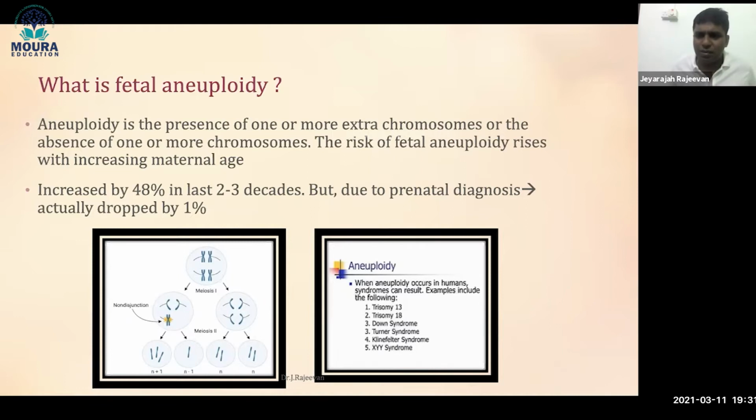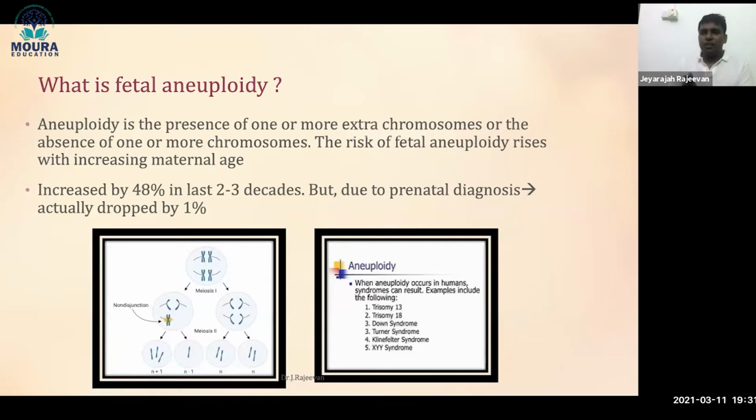Can you assess until the baby is delivered? No, we can't. So after the delivery only we get to know, yes, this baby has some kind of abnormality. What am I going to do? So we have to wait until the baby is delivered. But after the baby is delivered, you can't kill the baby, and it's a burden to the mother.